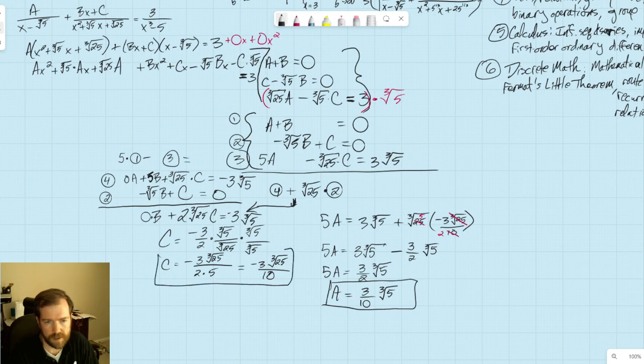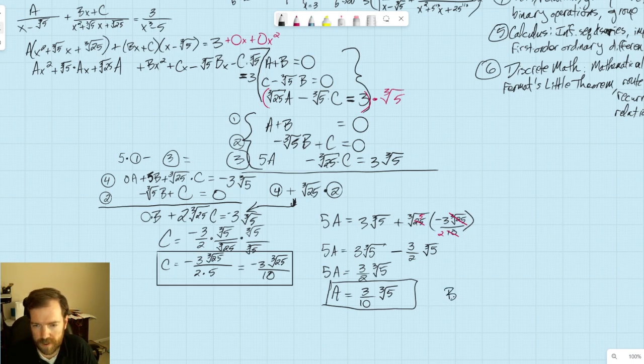So here's our a, here's our c, and then b. A plus b is equal to 0, so they have to be opposite values. That's the easy one. Always save that one for last. Or not last necessarily, but whenever you've got the other term, just jump at it that way.